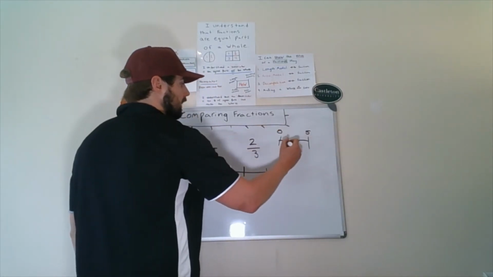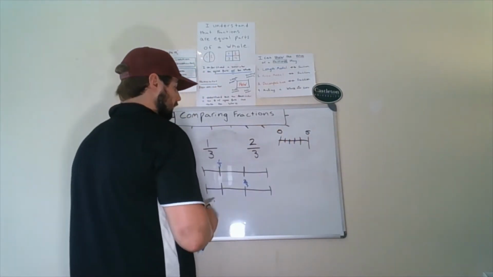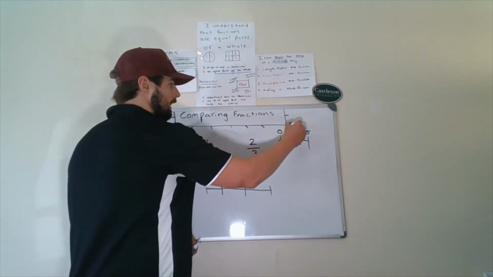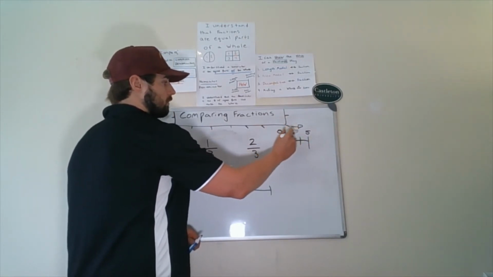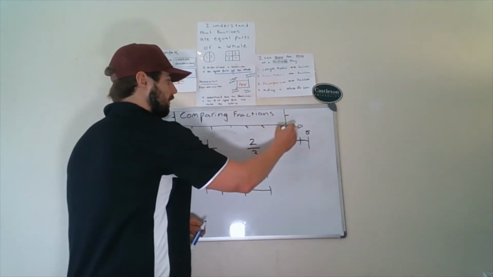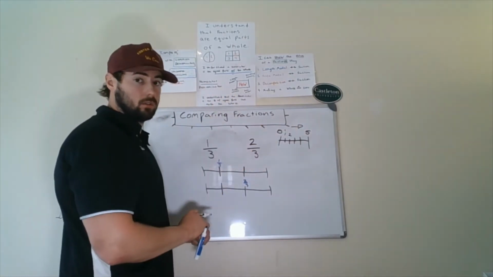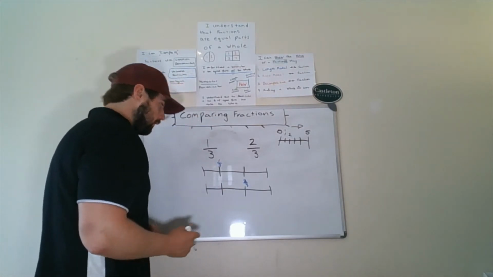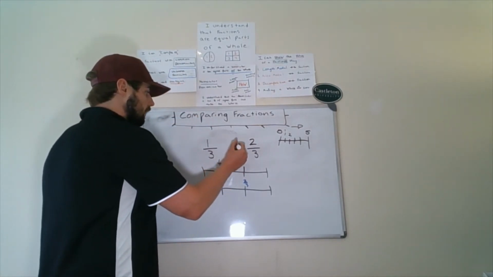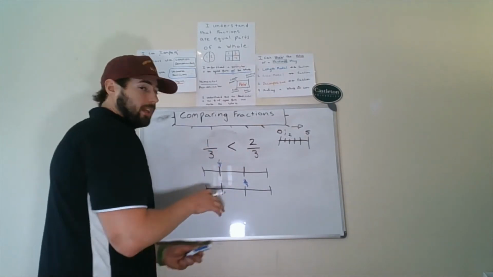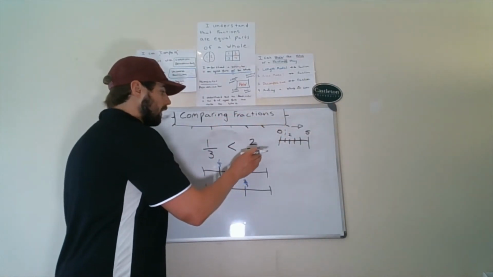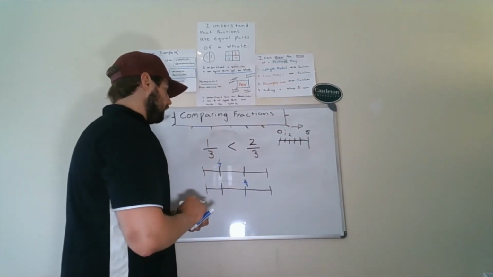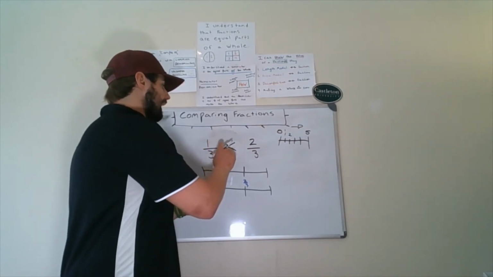If I had a number line here, 1, 2, 3, 4, we absolutely know that 1 is less than 2. 2 is more right on our number line than the 1. 2 is 1 more than 1. So, 2/3 is greater than 1/3. The alligator eats up that bigger value. 2/3 has 1 more part than 1/3. 1/3 is less than 2/3.